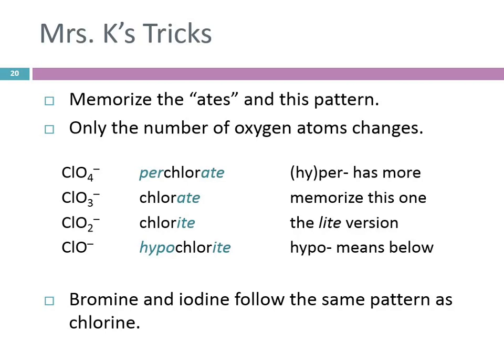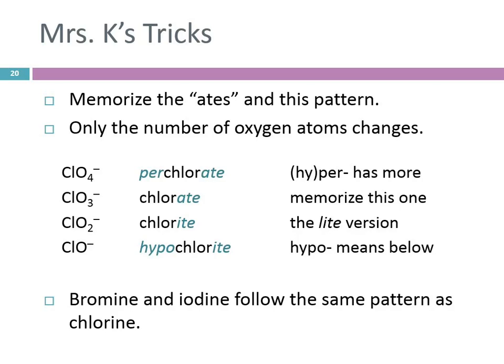And then, bonus, bromine and iodine, I told you those are chlorine's sisters. They're in the same family, so they follow the same pattern. So by learning just the chlorate and the pattern, you can actually do formulas and names for 12 oxyanions.